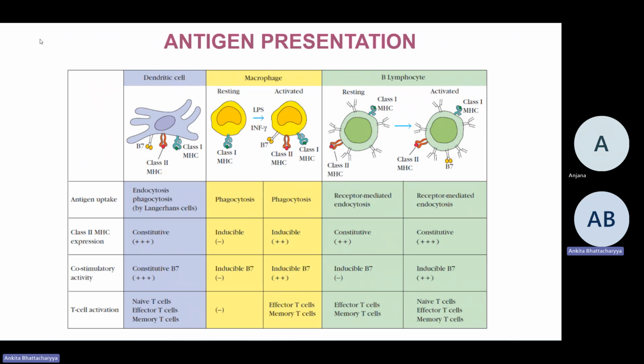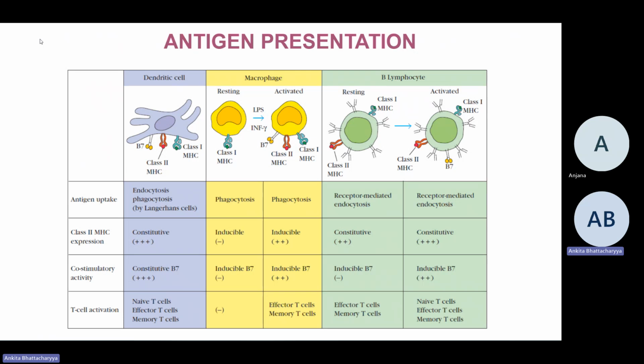Now, for each sub-condition, whether resting or activated, a comparison of their attributes and responses has been made. When we talk about antigenic uptake for dendritic cells, we have endocytosis and phagocytosis. Specifically, phagocytosis is for the Langerhans cells, which are also a variant of the dendritic cells. Their class 2 MHC expression is constitutive and quite high, which is what you can see by the presence of 3 plus signs.